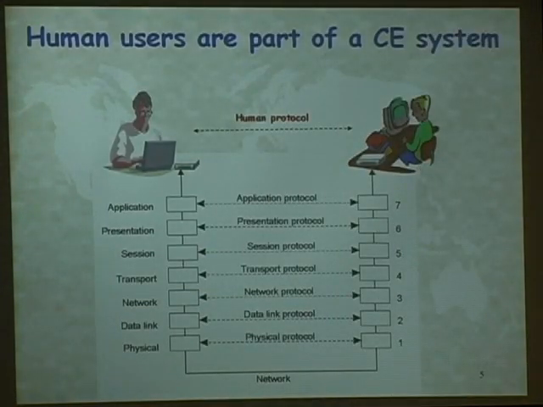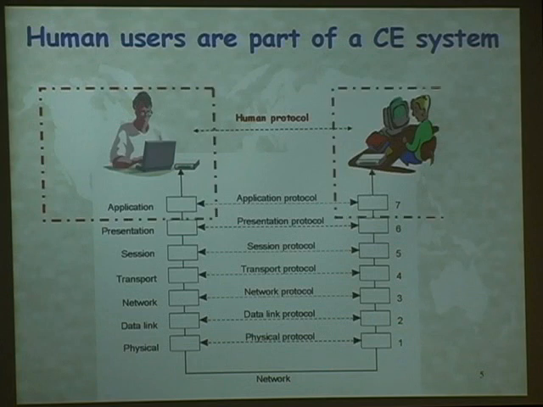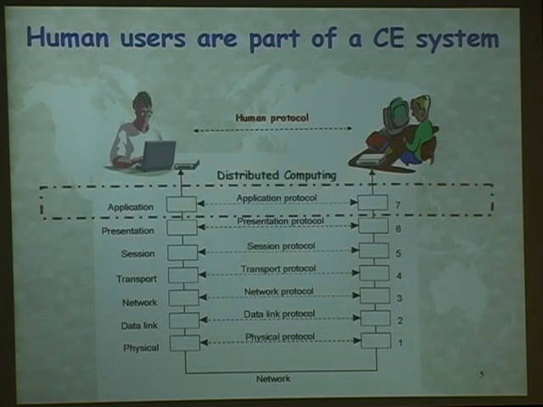Another important point in the CE system is that human users are part of it. In this context, we see a hierarchical structure of communication protocols. In this structure, on top, we have two users, and they are also communicating with human protocols.